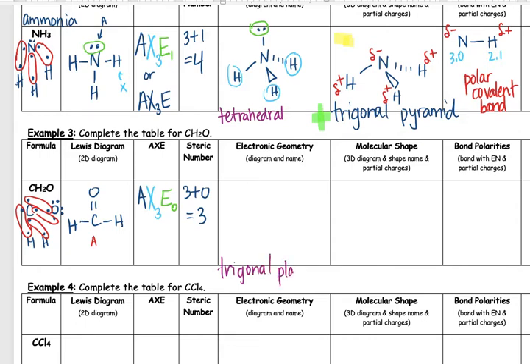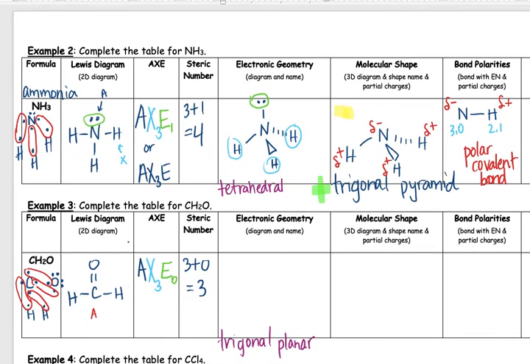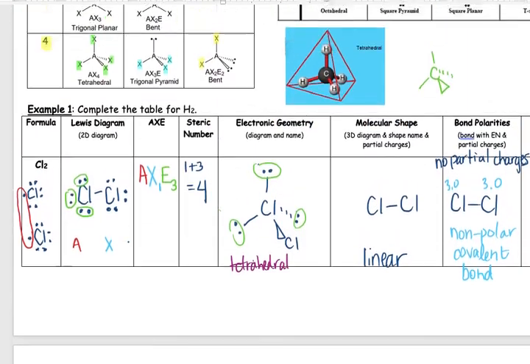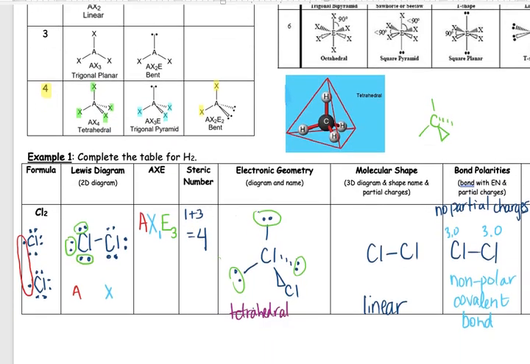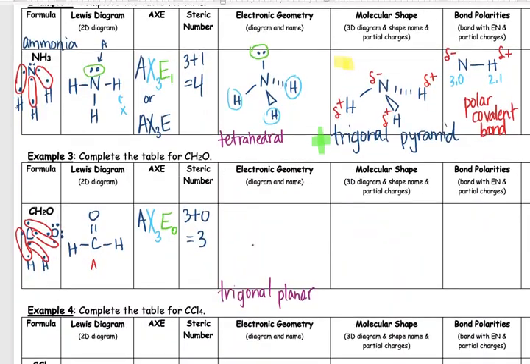But in the end, this is just to help us get to the molecular shape. This is the molecular shape, and the name of the molecular shape is the more important part here. So our trigonal planar is showing us that. So let's draw this out first.